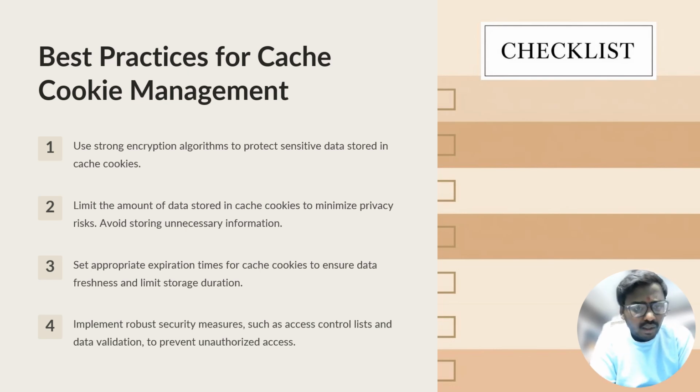It should not store a large amount of data, because if it does, the device may lag, or the performance will be very low when the cache cookie stores a lot of data. So avoid storing unnecessary information in cache cookies.